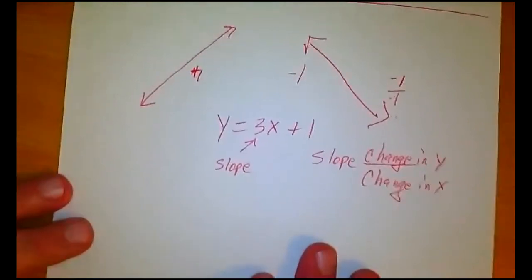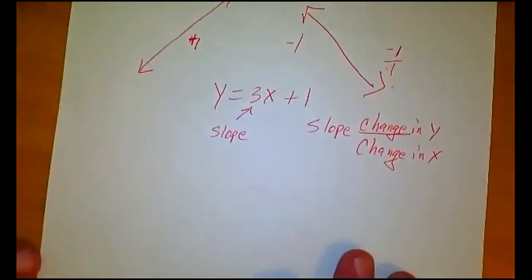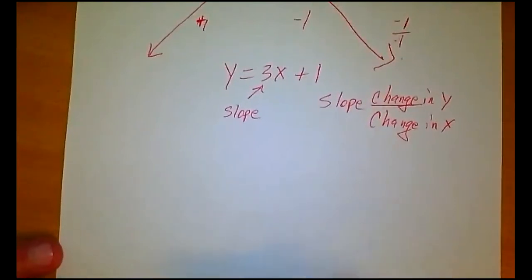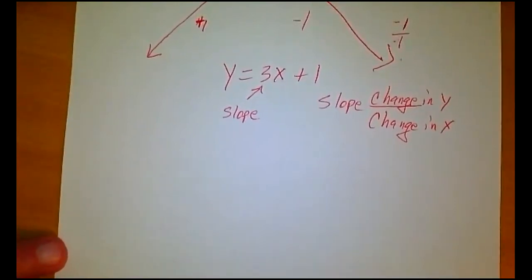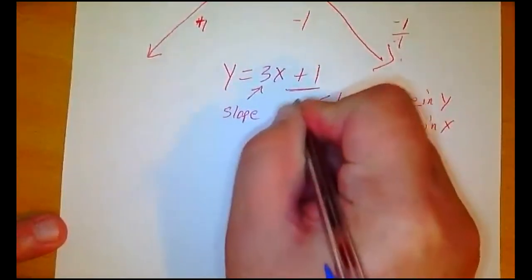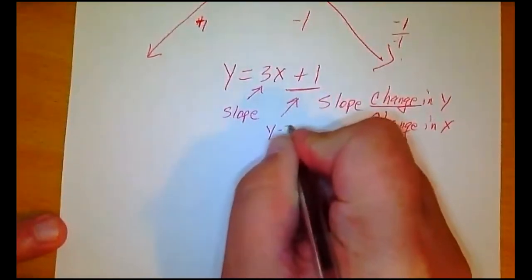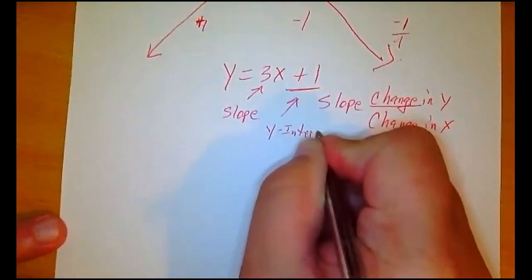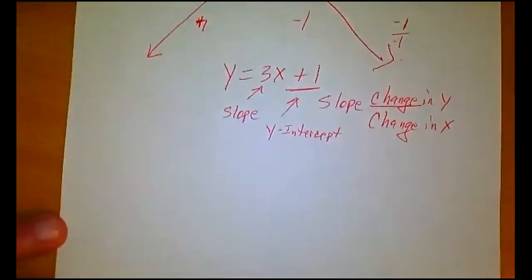So when I graph something like this, I have to find two things. First of all, I need to find a point that I can graph first. Well, that's when we look over here, because this is the y-intercept. That is to say that when x is 0, y is going to be a positive 1. This makes sense, right?